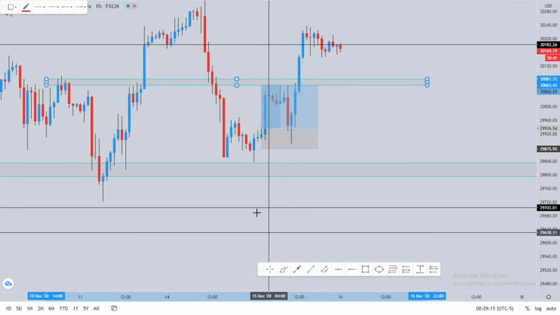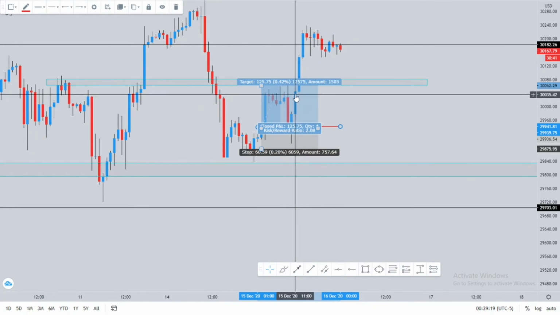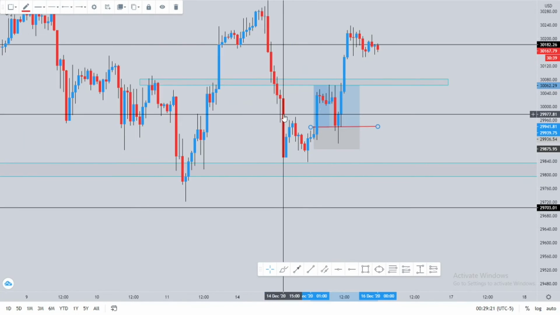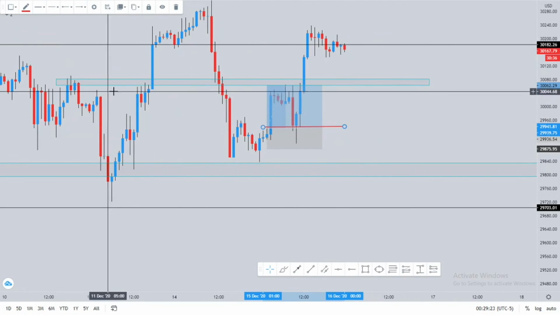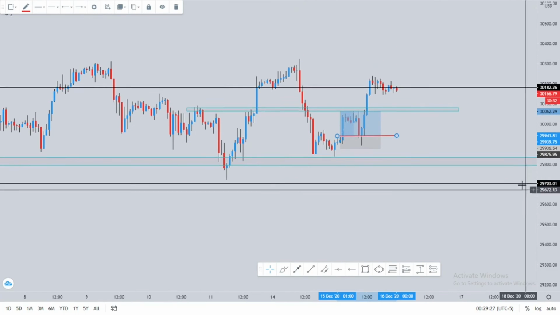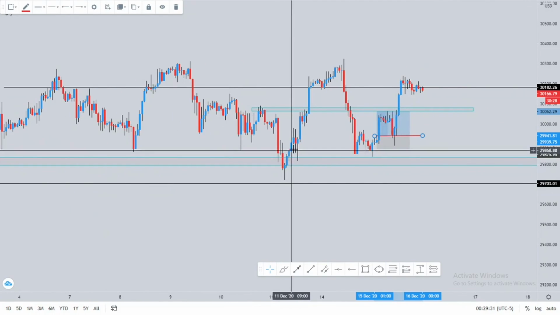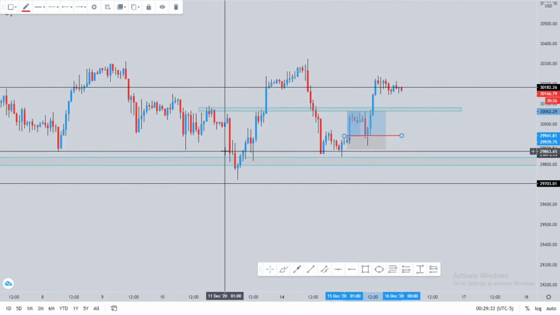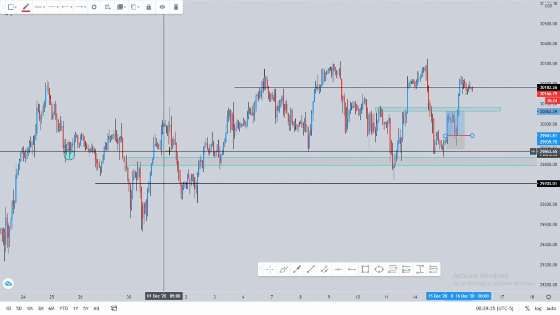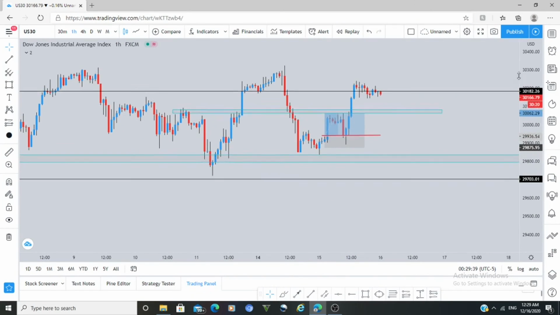And I put my break even around here when I saw the price was close to hitting our take profit. So basically the only thing I looked at in this trade was the wicks, the wick rejection, the area in which price wasn't breaking, and as well psychological levels, which is really important.